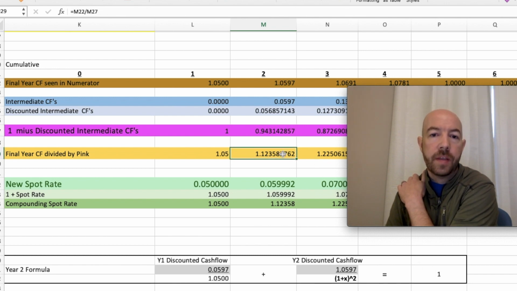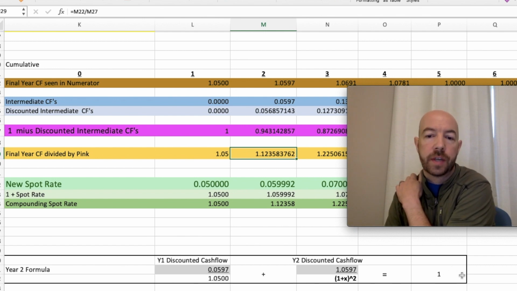And then what do I have to do after I have 0.94 over on this side, right? Well, you could multiply both sides and bring this over here to get your exponent on the right side. And then you divide the 1.0597 by the 0.94, which is what we're doing here. We're taking the big number, the 1.0597 here, divided by this pink number.